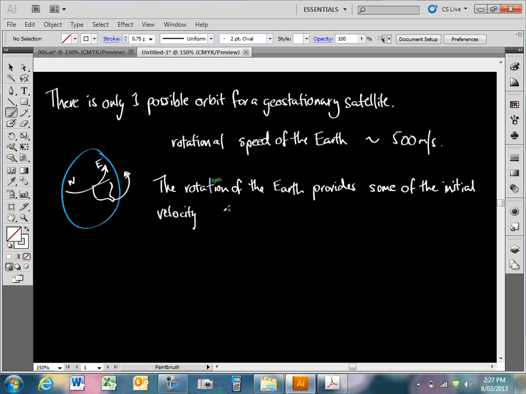If we launch from west to east, less fuel is required.